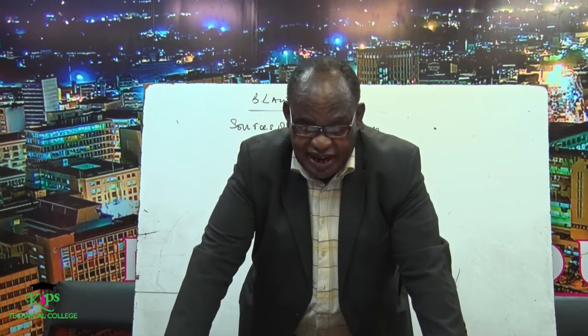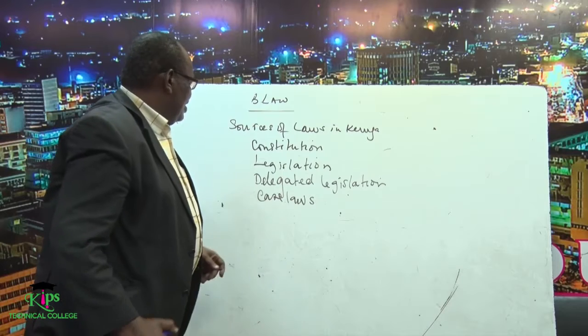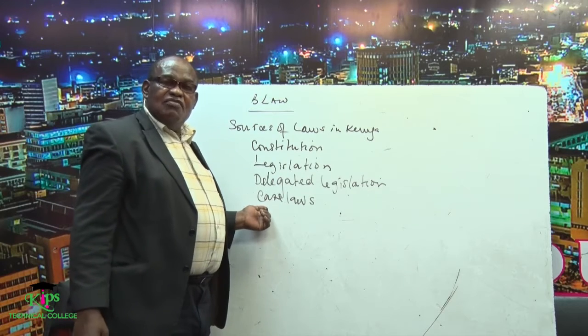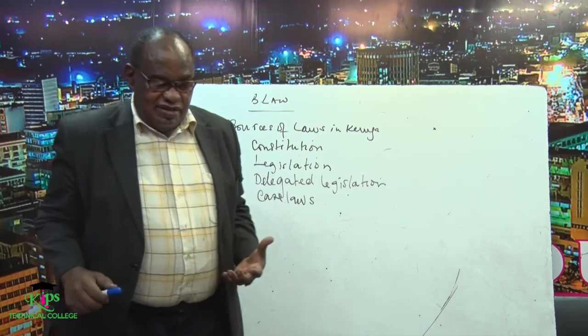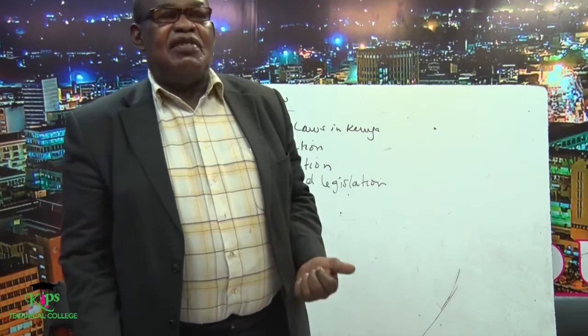So let me summarize. Laws are made by you in the Constitution. You remember everybody contributed before that Constitution was promulgated. Laws are made by Parliament. And laws are also made by judges. Like let's say Judge Mumbi says that if a child is born out of wedlock, then the child must take the name of the father.